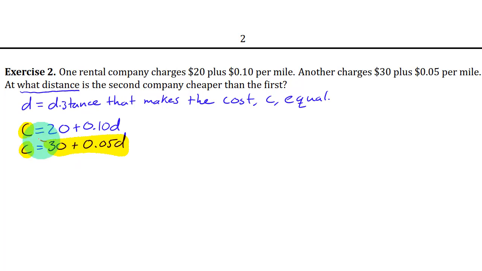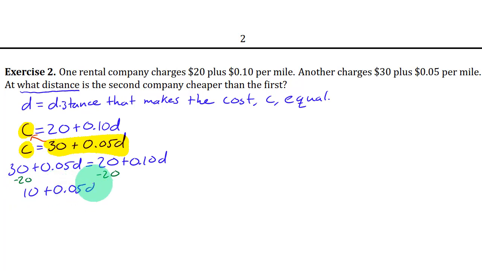So if you just substitute this in there, that's going to look like 30 plus 0.05d equals 20 plus 0.10d. And we want to get d on one side or the other. I'm going to subtract 20 from both sides. That'll give you 10 plus 0.05d equals 0.10d. We can subtract 0.05d from both sides.